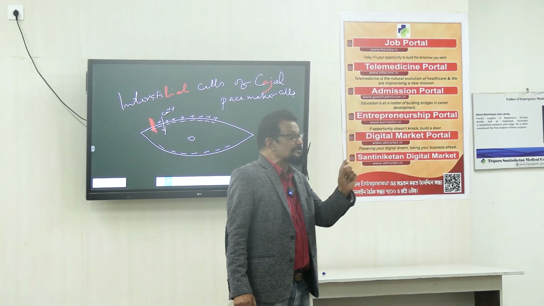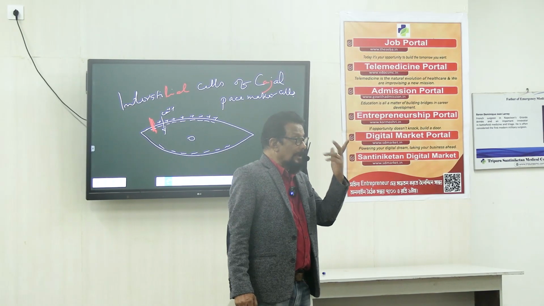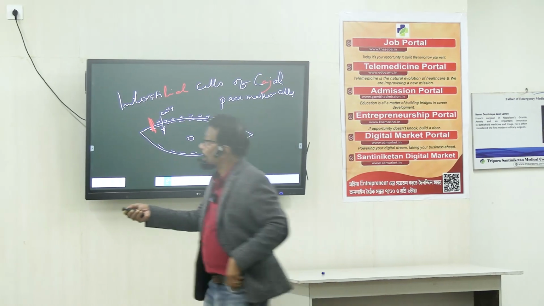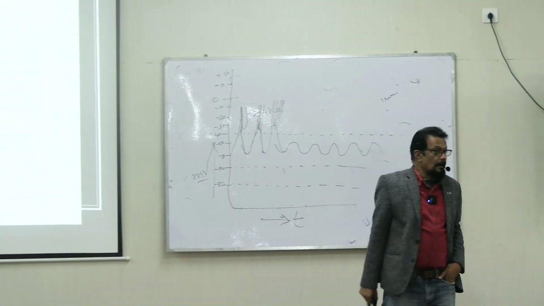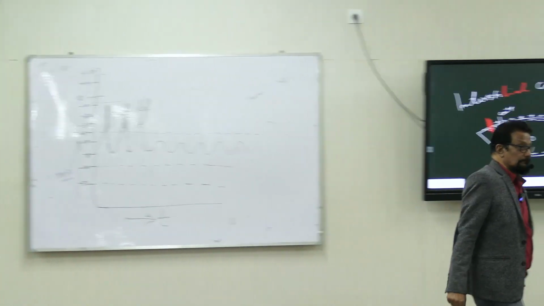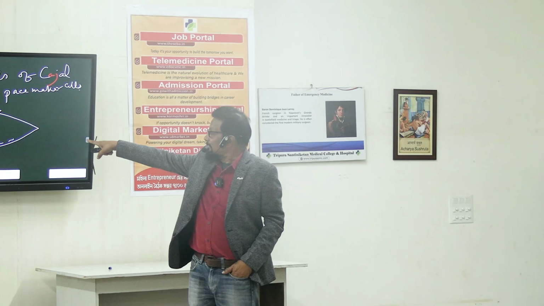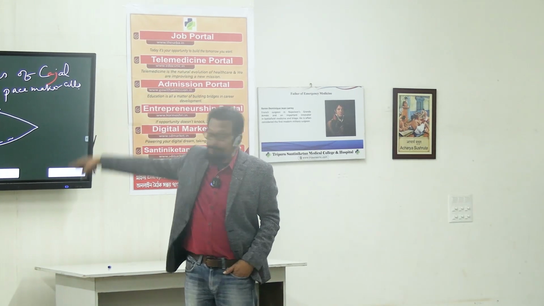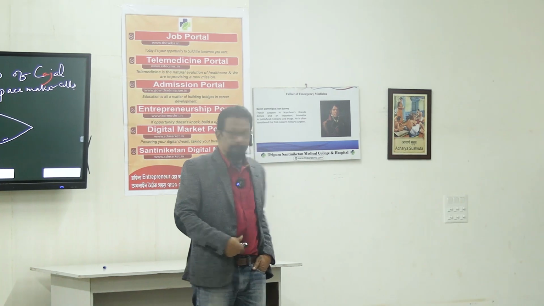In duodenum, frequency is more. It may be 11 to 12. In the terminal part of ileum, it is 8 to 9. So this frequency of slow waves varies depending on the zone of the GI tract.